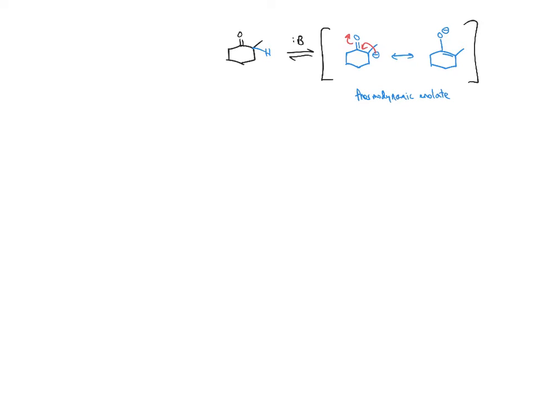But we could also take a base and deprotonate in the opposite direction. We could deprotonate, for example, let me use green, this one. And that would give us the Kinetic Enolate. So the Kinetic Enolate would look like this.